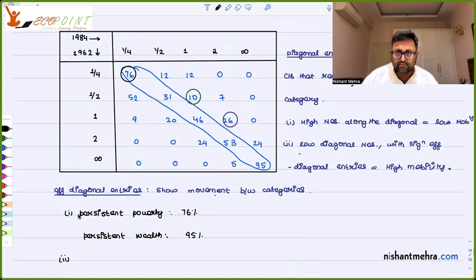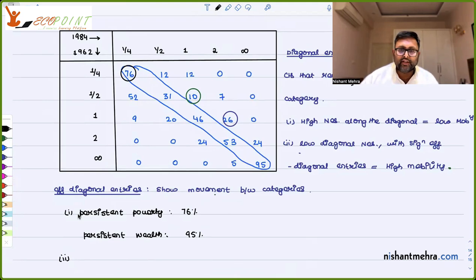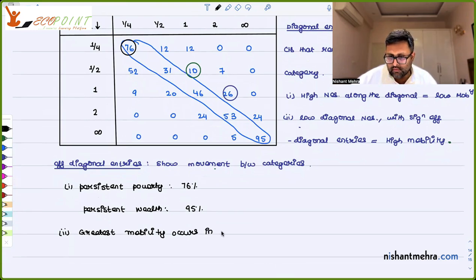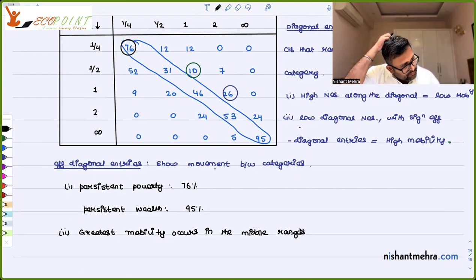Countries in the middle income group, that is countries in the middle income range between 1 and 2, have shown some mobility, both upward and downward. Greatest mobility occurs in the middle ranges.